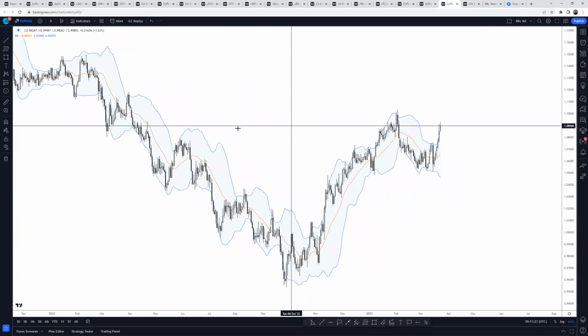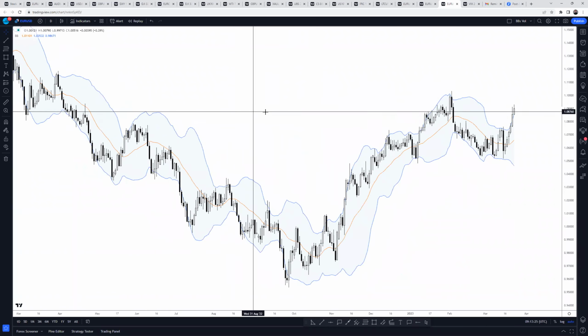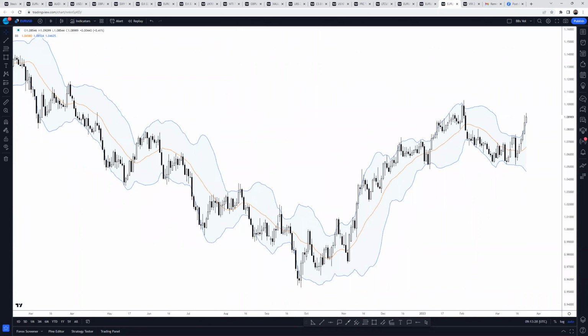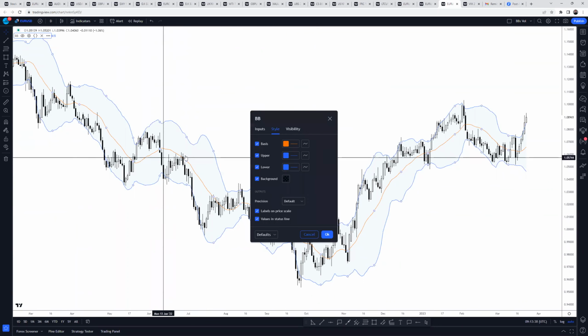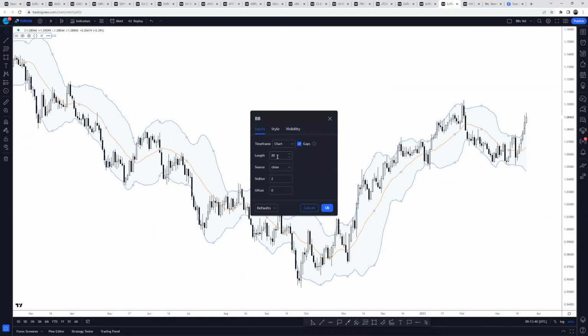So if I just zoom in here, you can see that Bollinger Bands are centered around what's known as a dynamic value, a moving average. Now, in the case of Bollinger Bands, this is usually set to 20 periods. If I click on the inputs, you'll see the length is 20 periods, and the source is close.